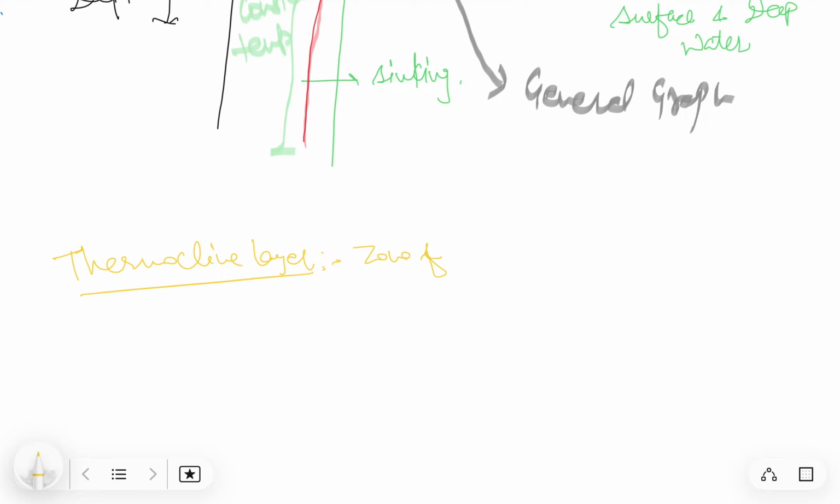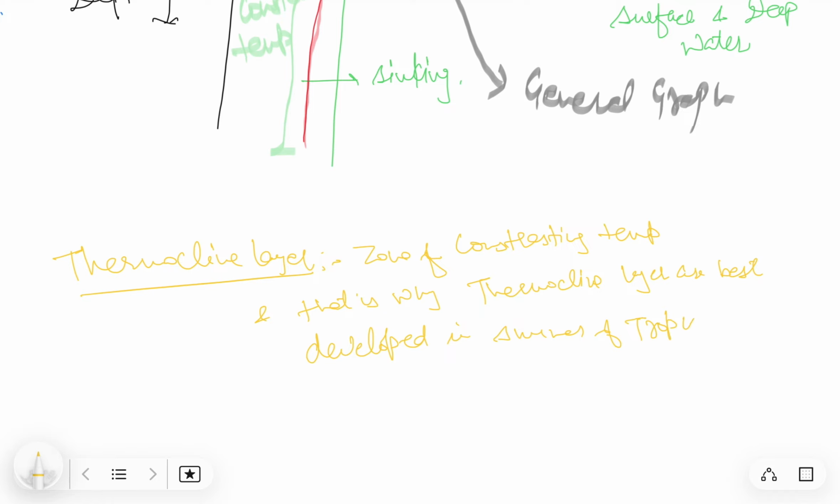So it is the zone of contrasting temperature, and that is why the thermocline layers are best developed in the summers of tropical regions.